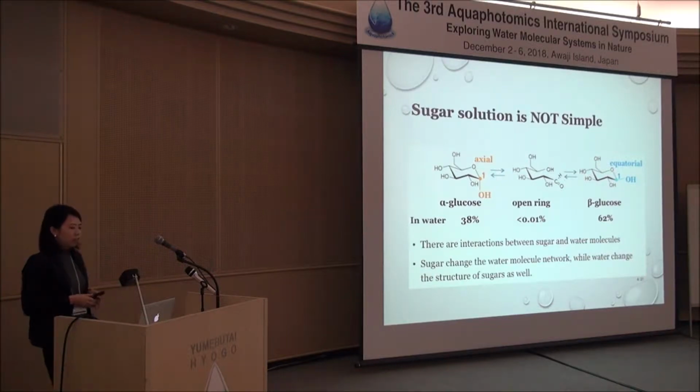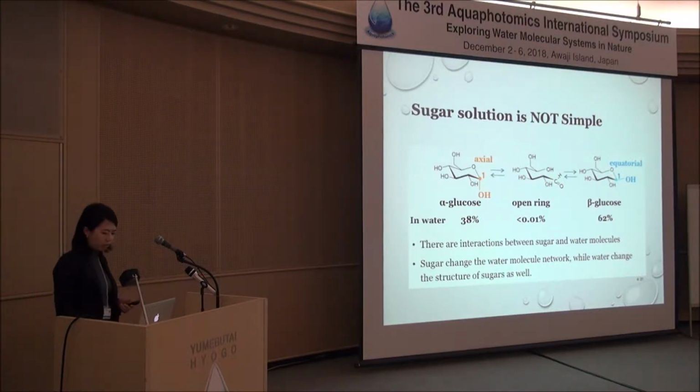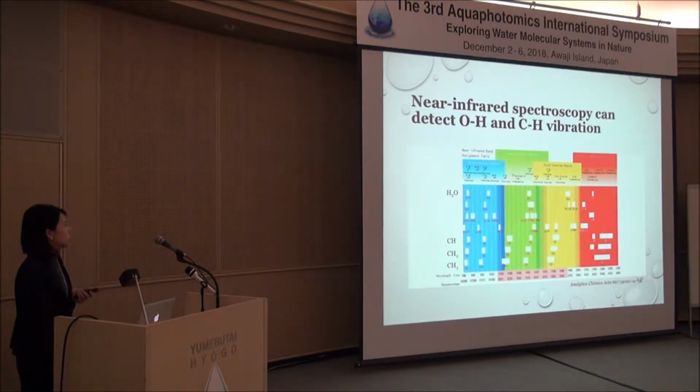Therefore, to analyze glucose solution, first of all, we have to distinguish these anomers in near-infrared spectra. Near-infrared spectroscopy can detect molecular vibrations such as CH or OH.